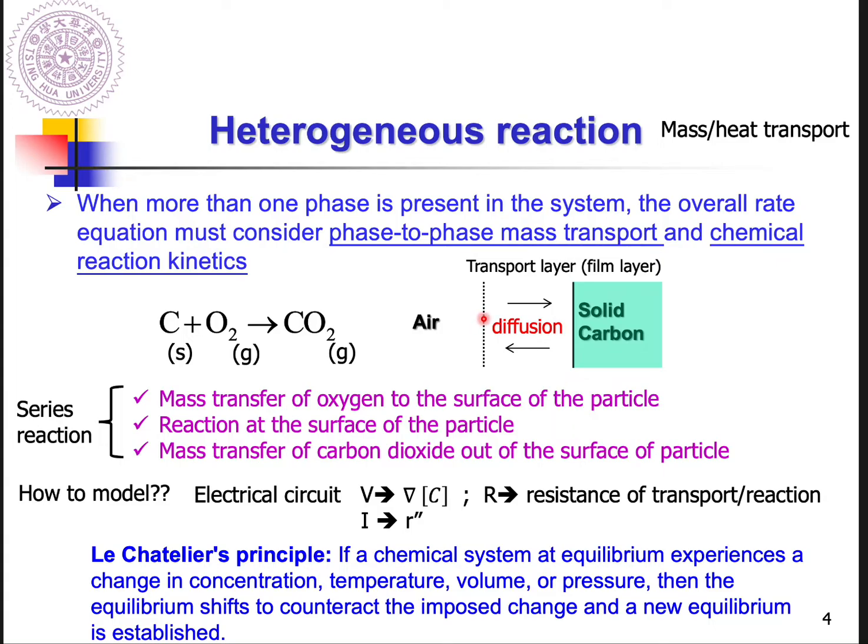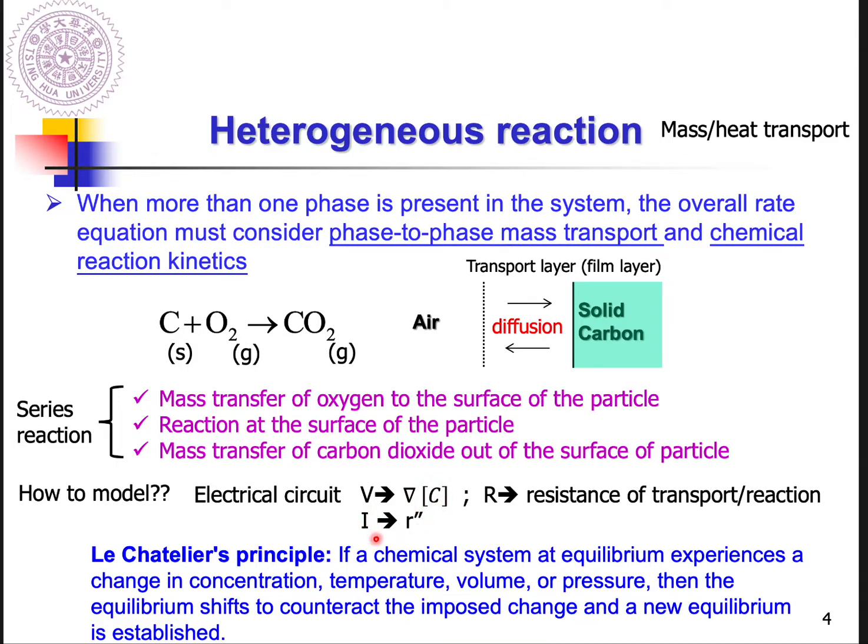So from here to here, you can observe there's an oxygen concentration gradient serving as a driving force, allowing the oxygen molecules to always diffuse into this film layer, then react with the carbon continually, right? So this concentration gradient of oxygen serves as a driving force.